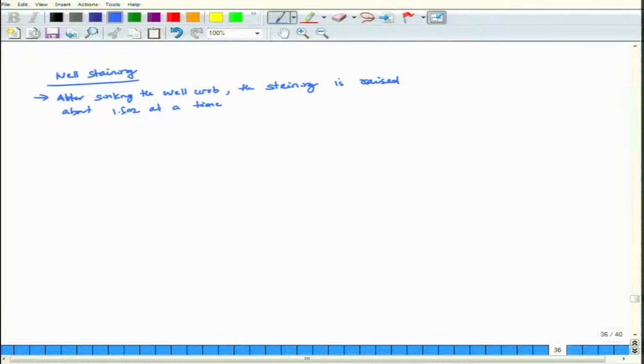The steining is built with straight edges, preferably with angle iron.